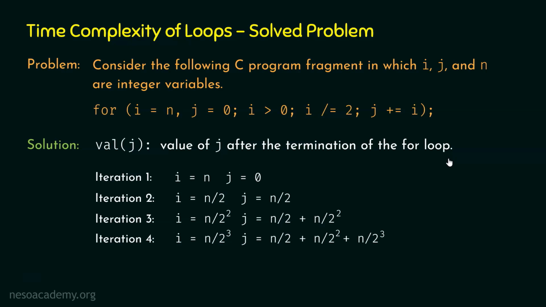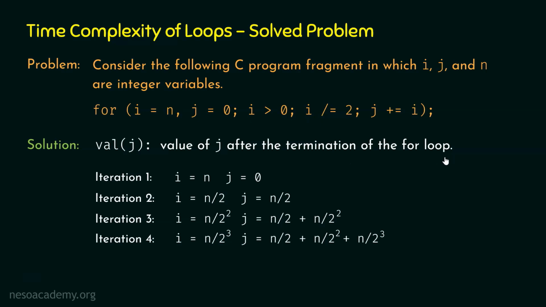I'm assuming that iteration number k is the last iteration of this for loop. This means in iteration number k, the value of i represents the last value of i for which this condition is true. After this, the loop will terminate. Therefore, the value of j obtained in iteration number k represents val j. This means the value of j after the termination of the for loop.